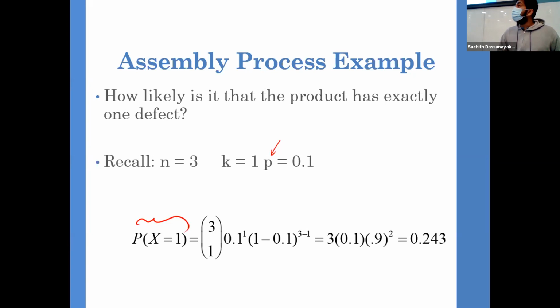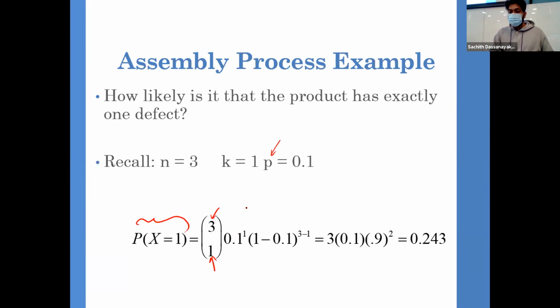So you can simply plug those values into the binomial PMF. So total is 3. Number of successes: here I'm asking only for one defective. So 1. So 0.1 is the p, your success probability. So p to the power x.